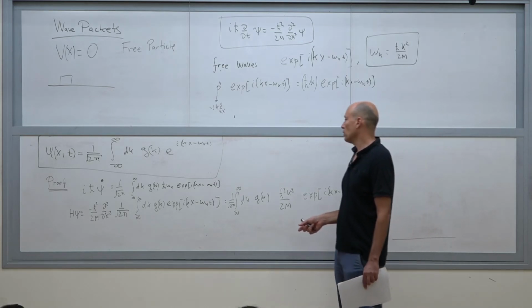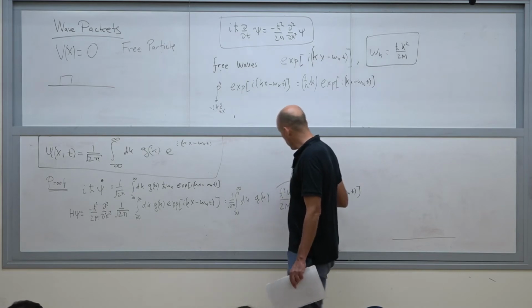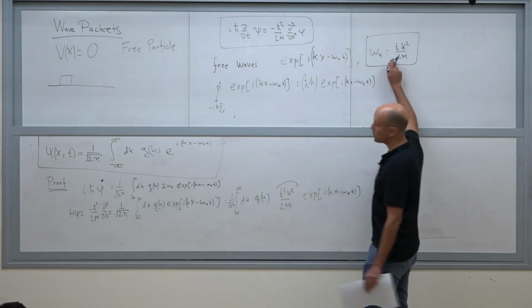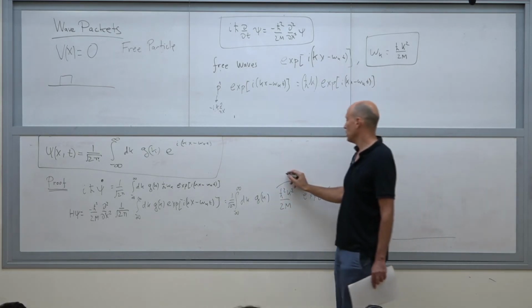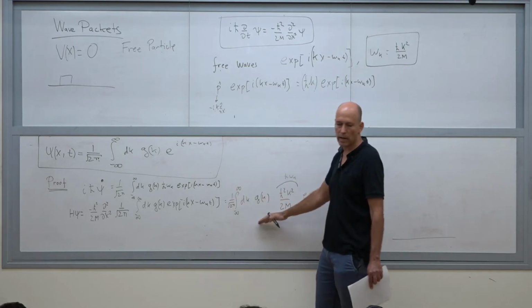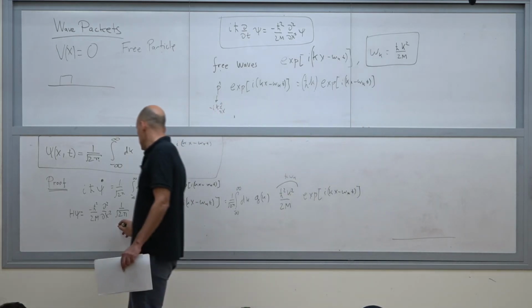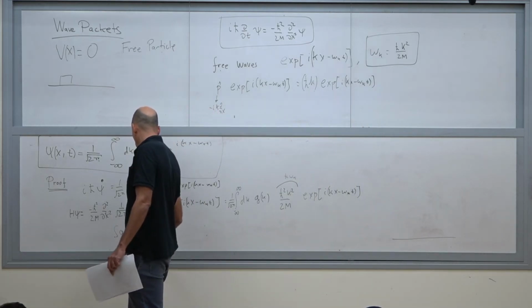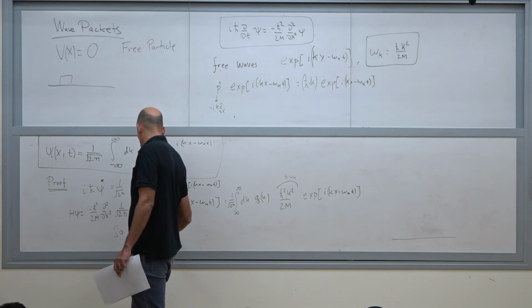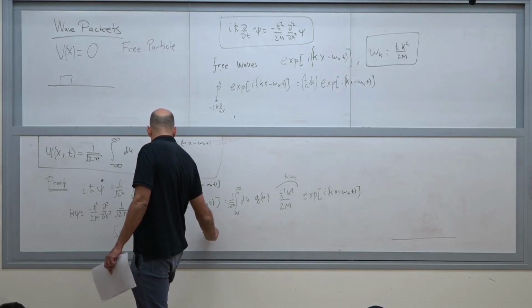Now, you see immediately that what is this guy? This guy, from the dispersion relation, this is h bar omega k. So this guy and this guy are the same. So i h bar psi dot equals H psi, QED.